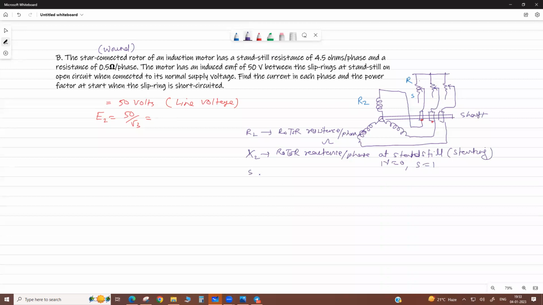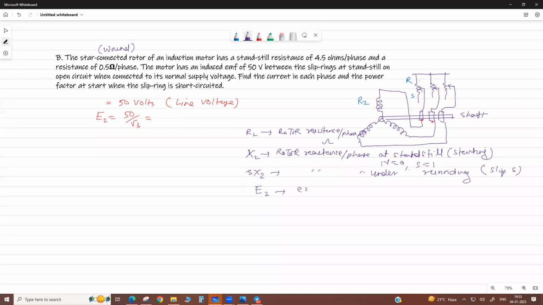But when we write sX2, that is rotor reactance per phase under running condition, when the motor is running with slip s. Same like this, E2 is the standstill condition.